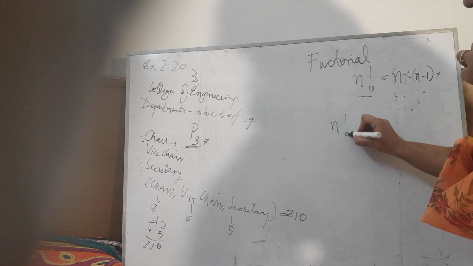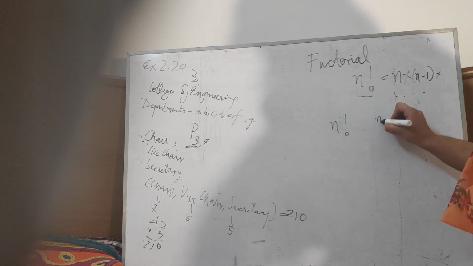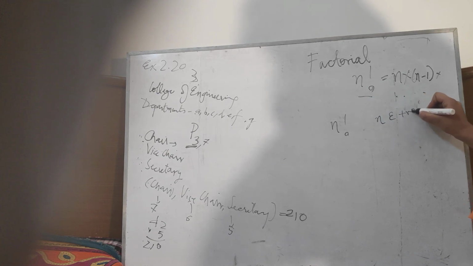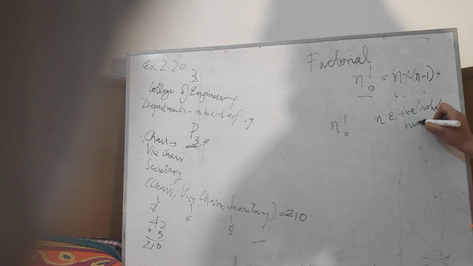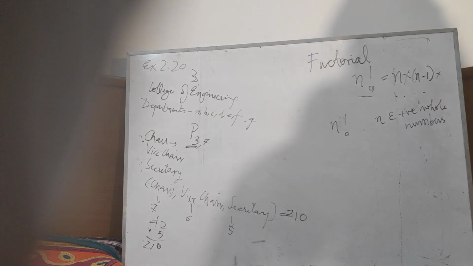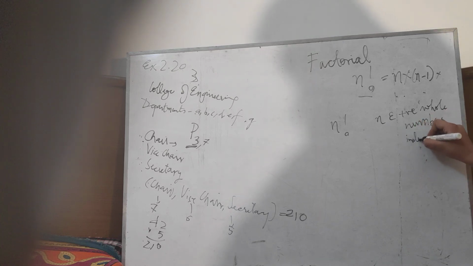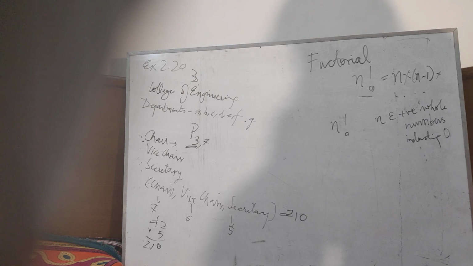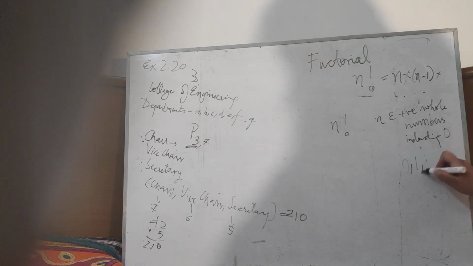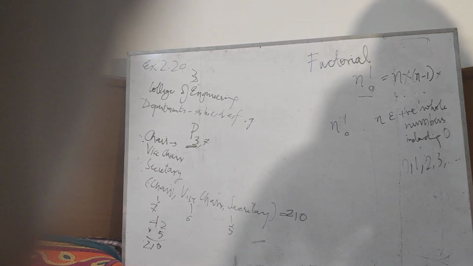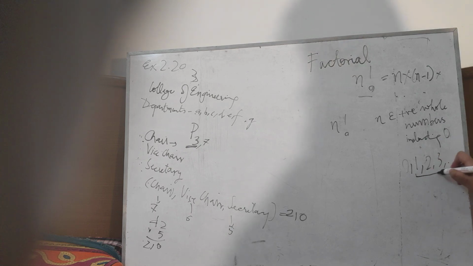Whole numbers are 0, 1, 2, 3, 4, 5 and so on, including 0, and natural numbers start from 1, 2, 3 and so on.